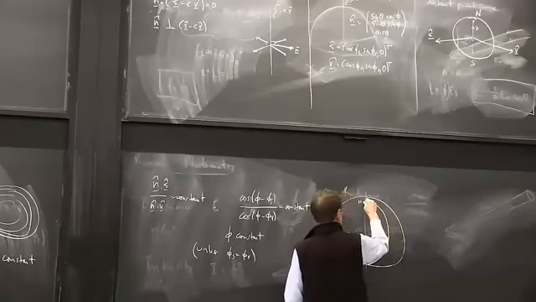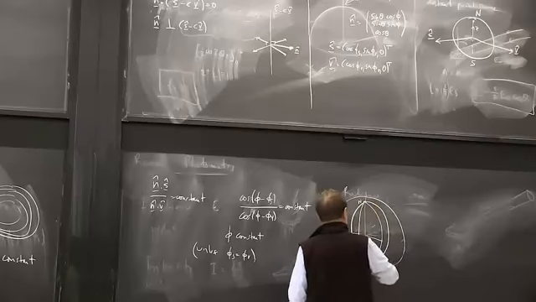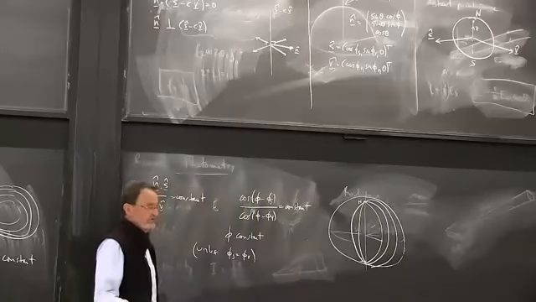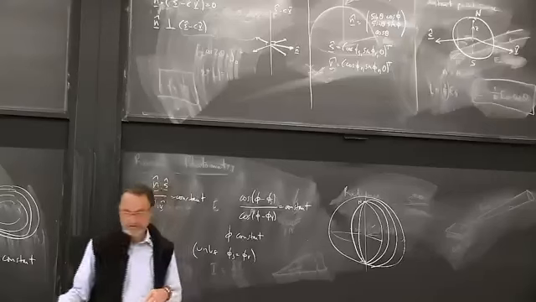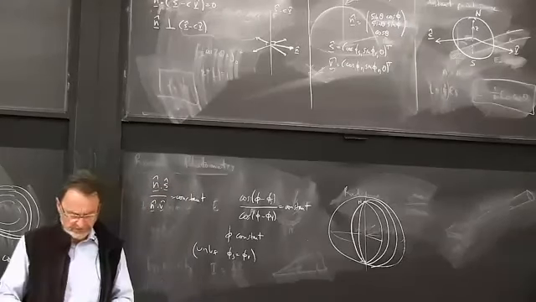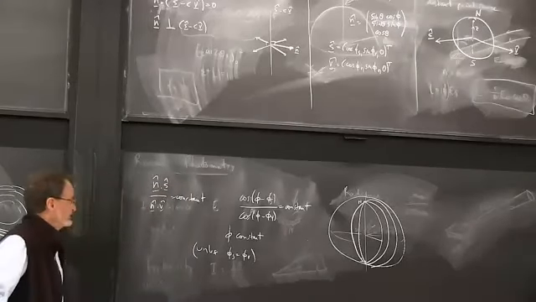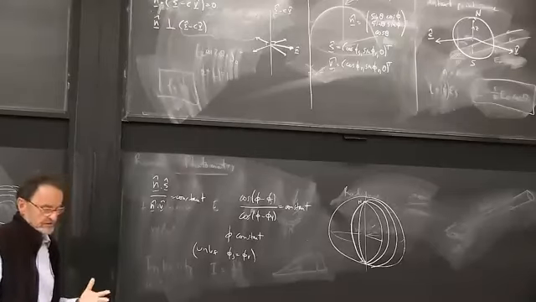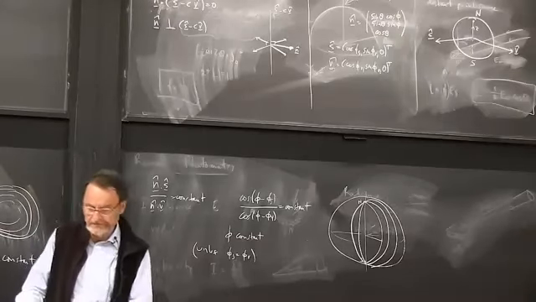So the lines of constant longitude are isophotes. And that's, again, very different from Lambertian. And it makes the moon look odd.